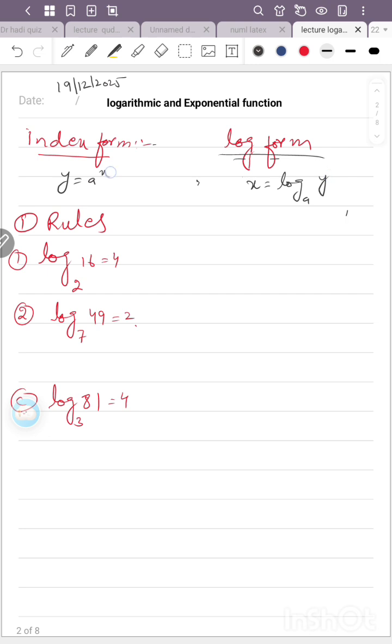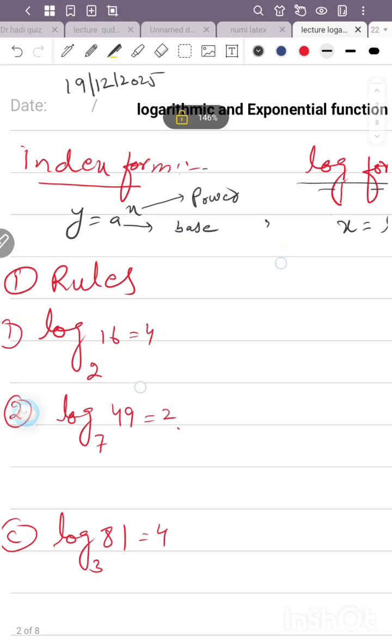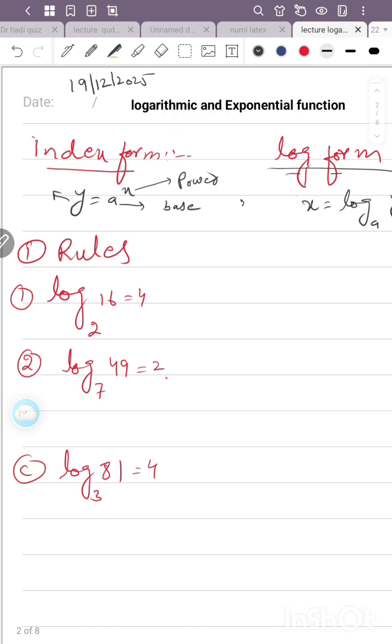First of all, we have to discuss what this is. This is the power, and this is what we call the base. And what is y? The y is what we call the argument.